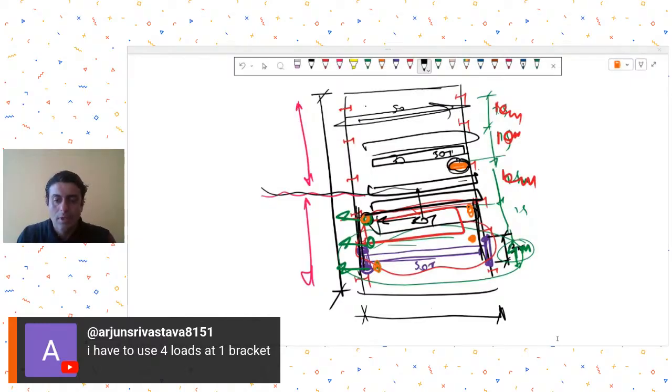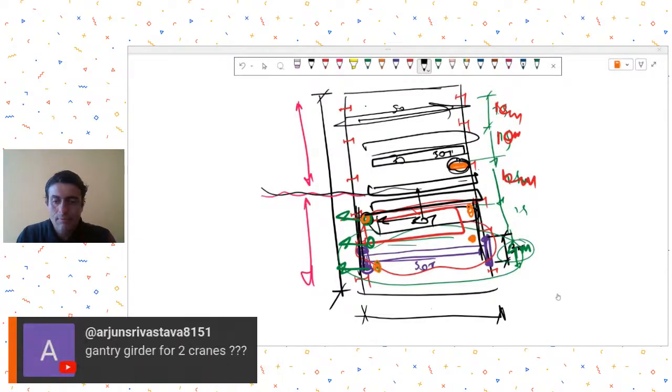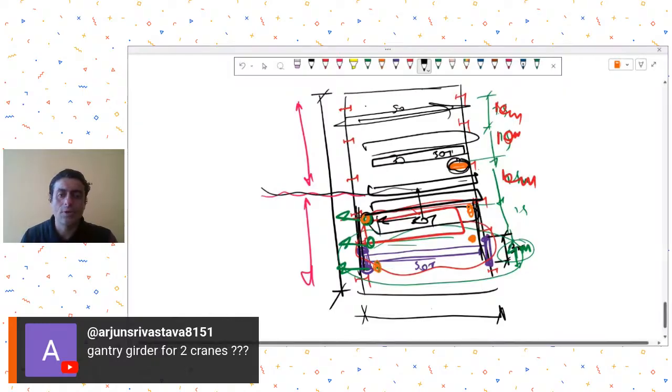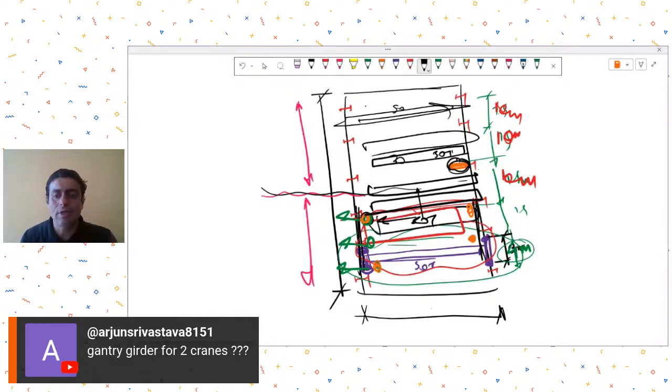So these were the gantry girder for 2 cranes. Yeah, 2 at least, possibly 3 also, because as you are saying 4 meters is the wheel to wheel distance. So 2 full cranes and even one half crane can come over there, isn't it?